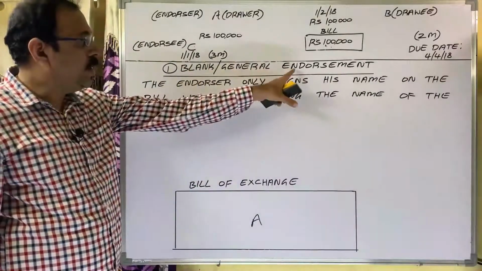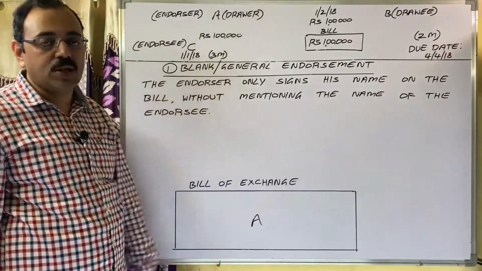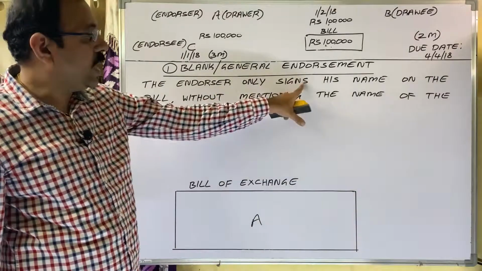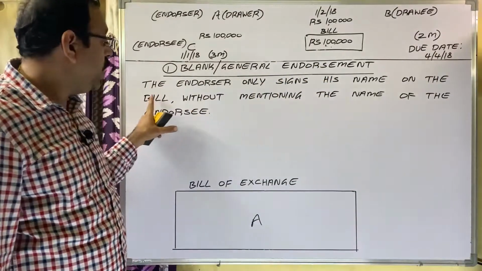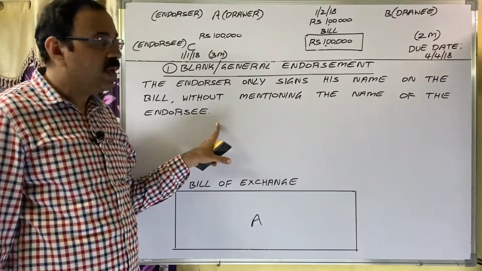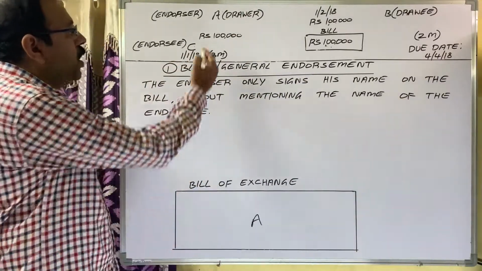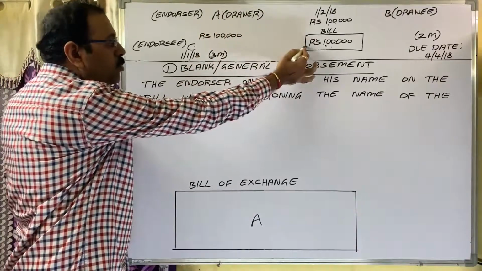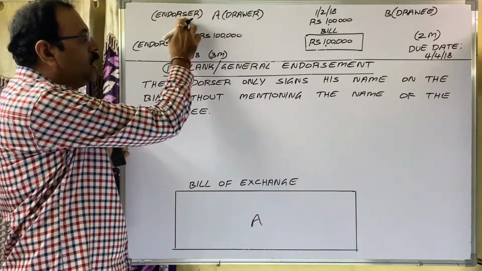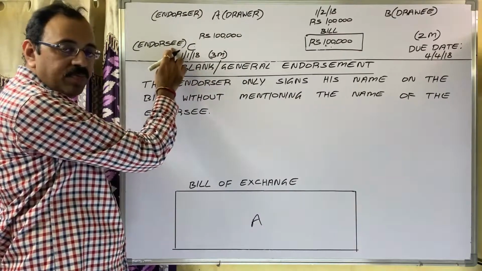Blank endorsement is also known as general endorsement. Means what? The endorser only signs his name on the bill without mentioning the name of the endorsee. In this example, A is endorsing these bills of exchange to C, no? So A is the endorser, C is endorsee.